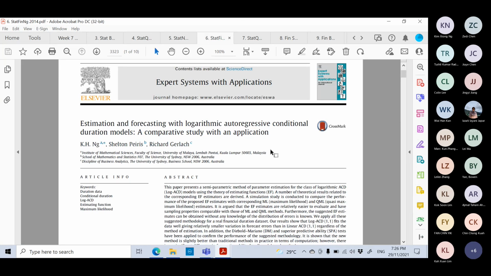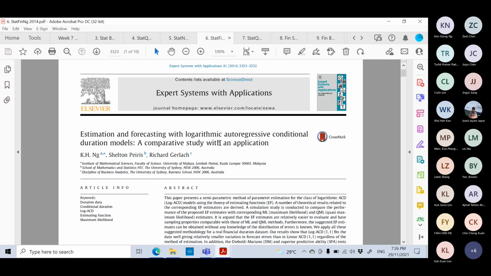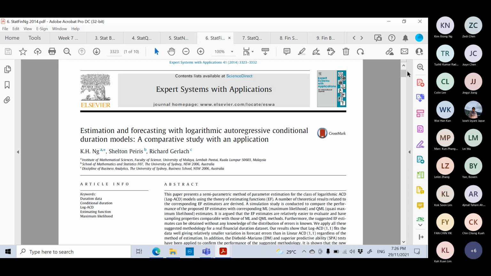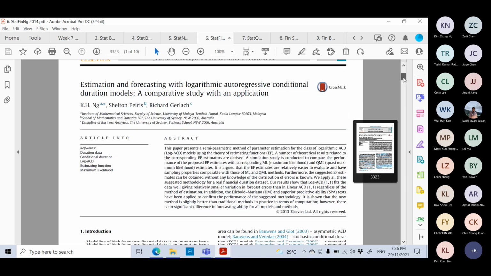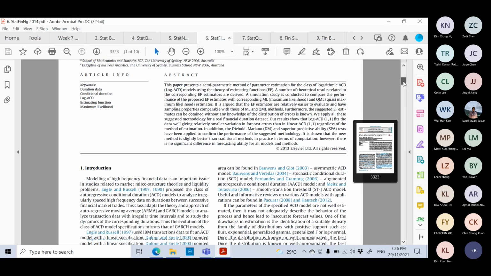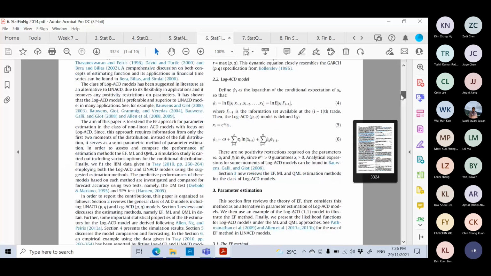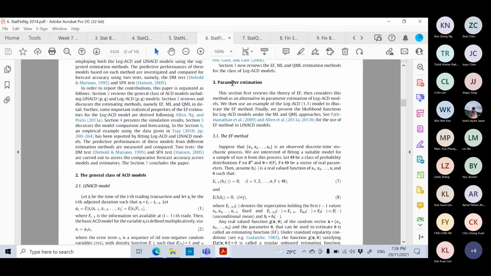In fact, this is my paper, published quite some time ago, in the year 2014. This paper was published in Expert Systems with Applications. The theory part is here: we are comparing two different estimation techniques.